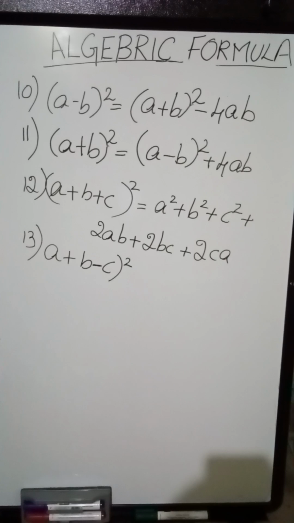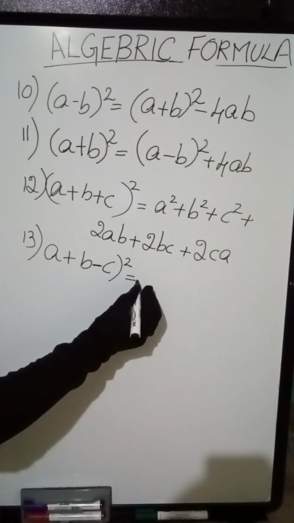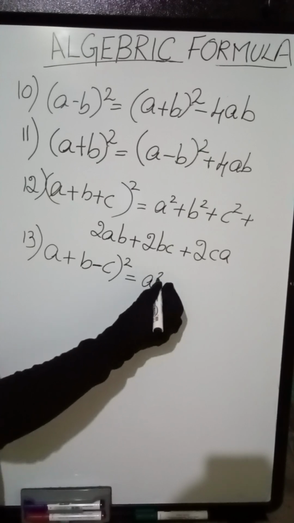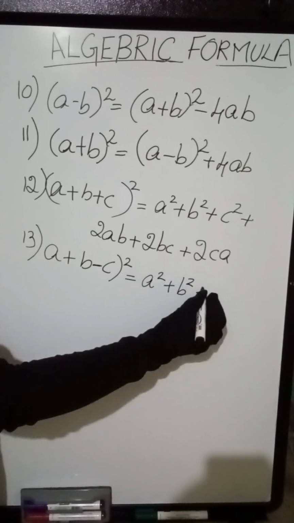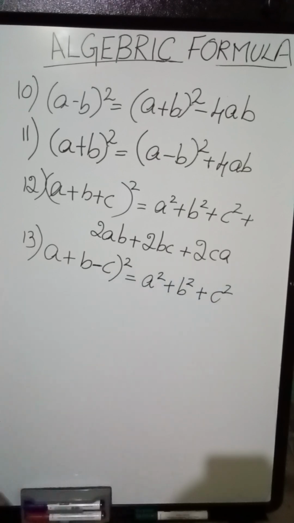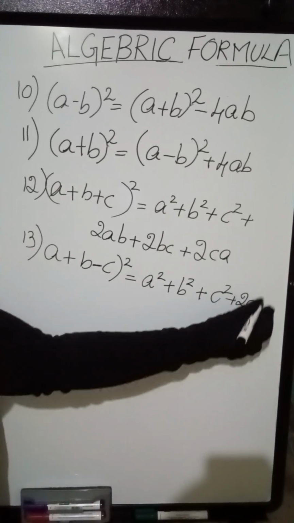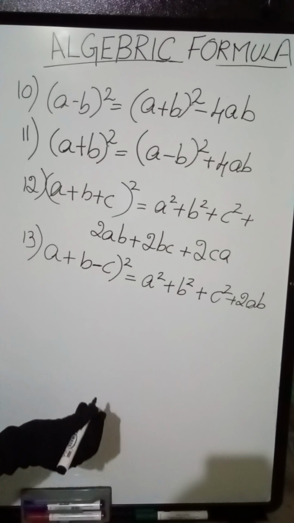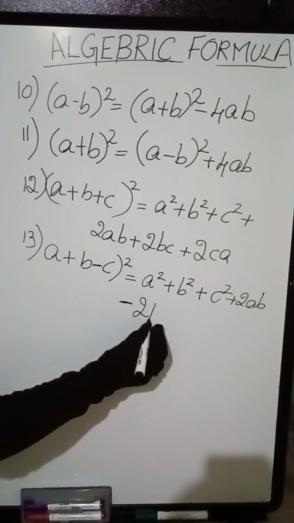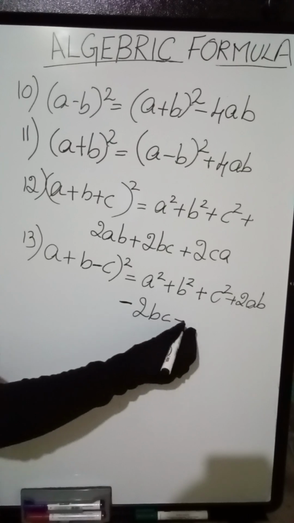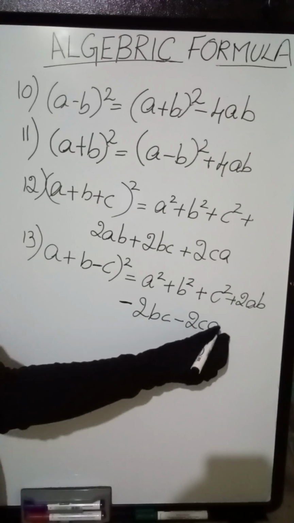In this case, your formula will be equal to a square plus b square plus c square, plus 2ab, then you have minus 2bc, and minus 2ca.